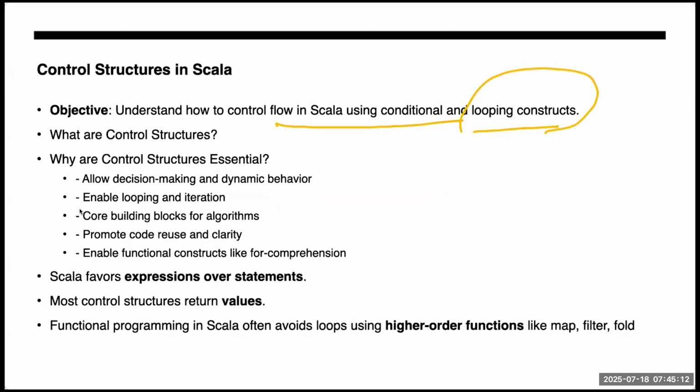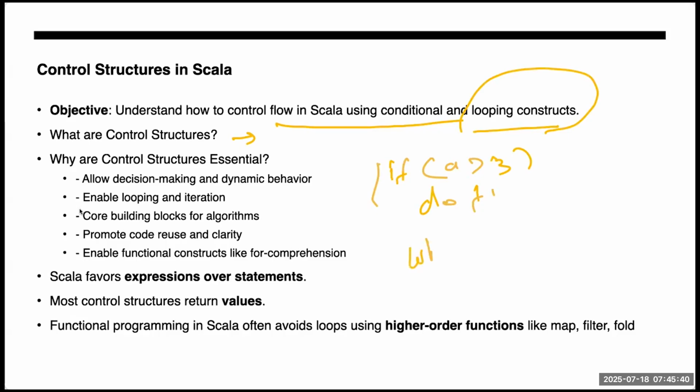So what is the control structure? It will help you in constructing the flow of execution, or it will help you in making decisions on branch logic. Like, let's suppose a is greater than 3, then do this, else do this. In Scala, we have if else, multiple if else, nested if else.